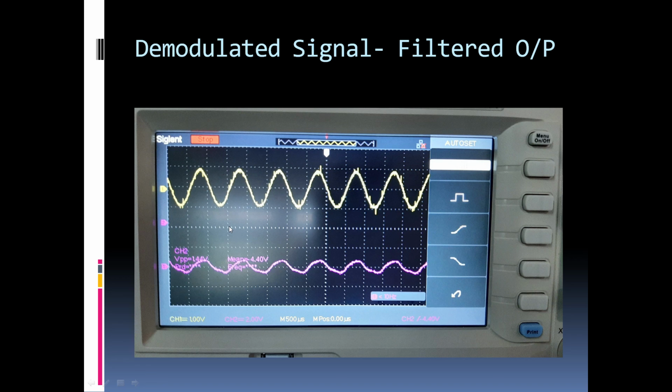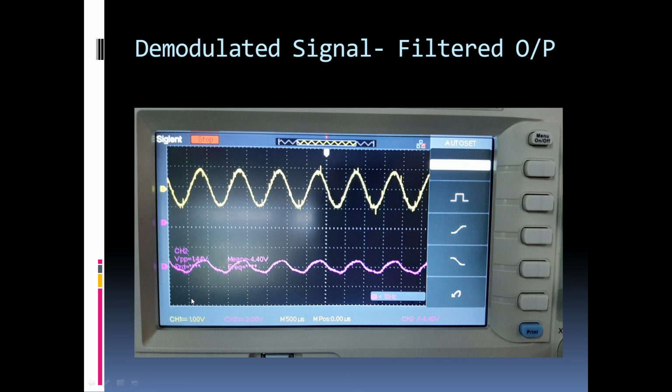And after filtering, we see that the pink signal now looks more or less like a sinusoidal signal. Of course, it is very much attenuated. Its peak to peak amplitude is almost 1.44 volt compared to what we set, that is 2 volt peak to peak for the original signal.